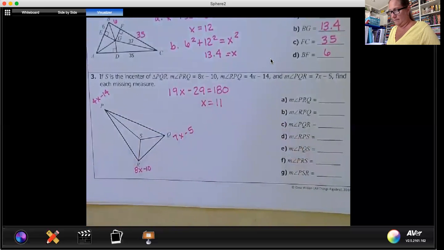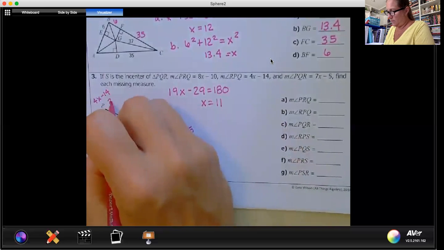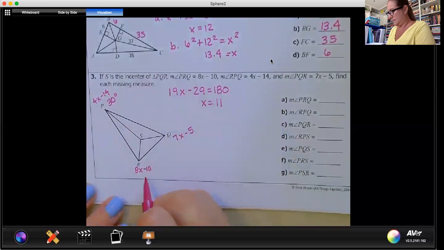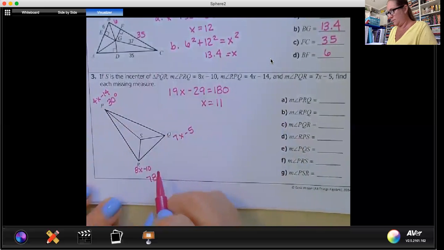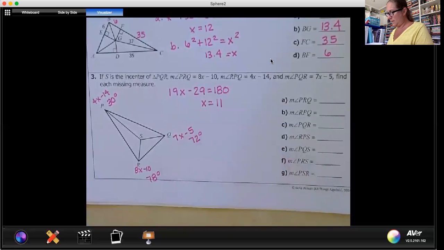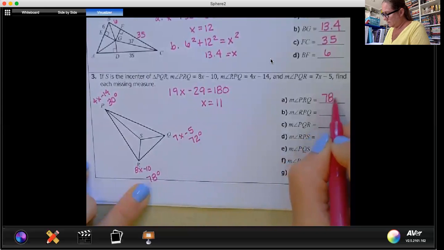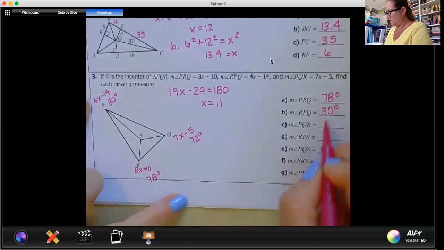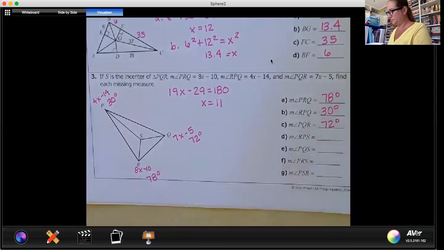So 4 times 11 minus 14, this is a 30-degree angle. 8 times 11 minus 10, this is a 78-degree angle. And a 72-degree angle. So PRQ is 78 degrees. RPQ is 30 degrees. And PQR is 72 degrees.